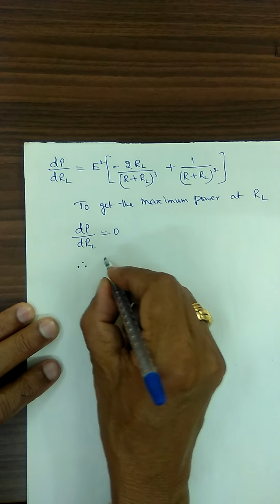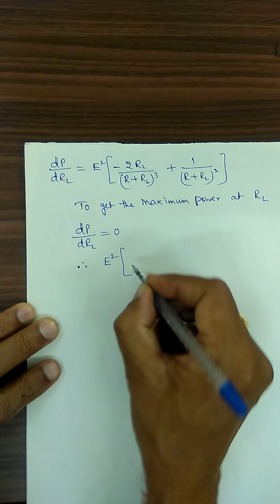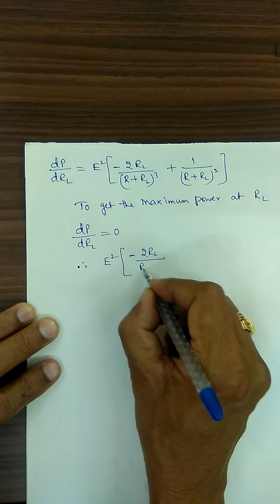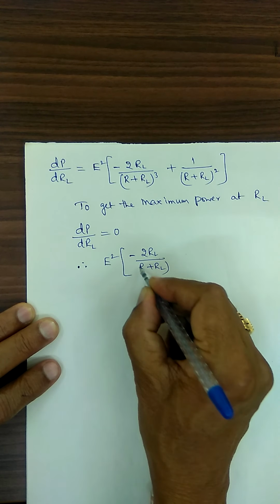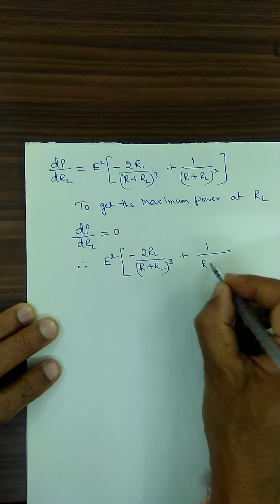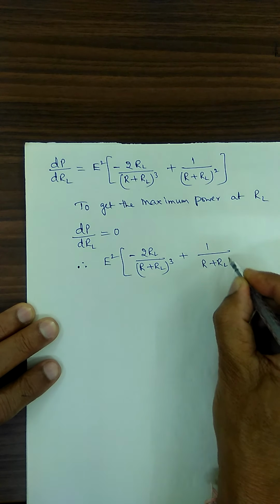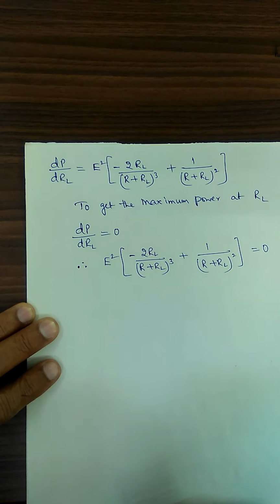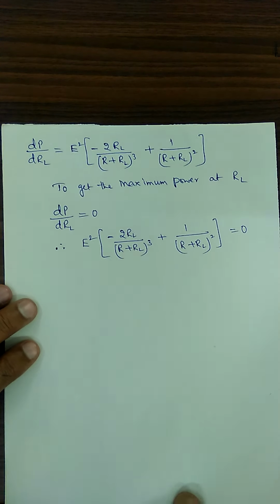Therefore, I can write E square multiplied by minus 2RL divided by R plus RL whole cube plus 1 divided by R plus RL whole square. It must be equal to 0.